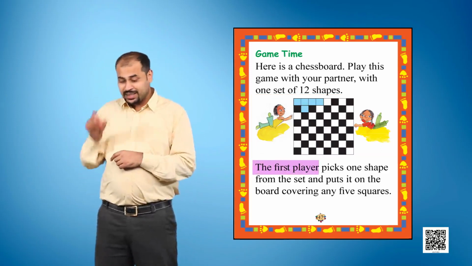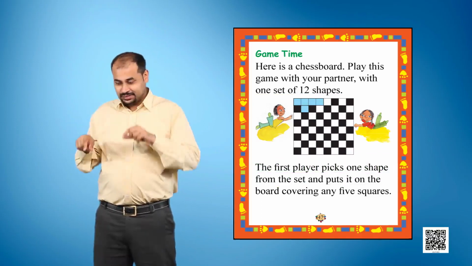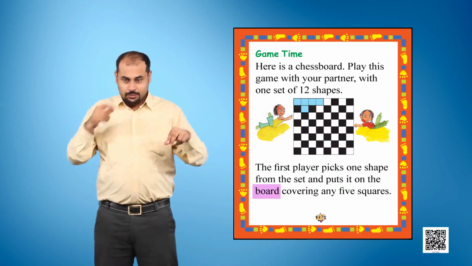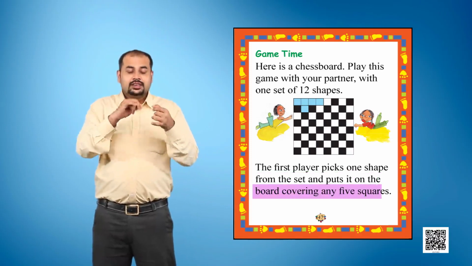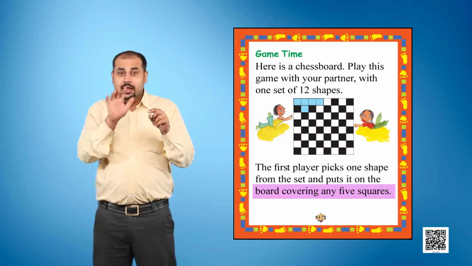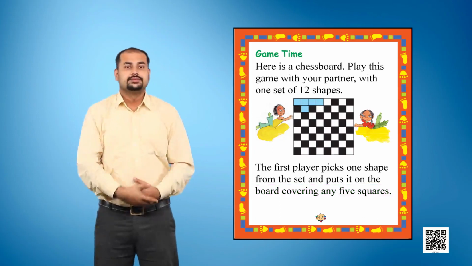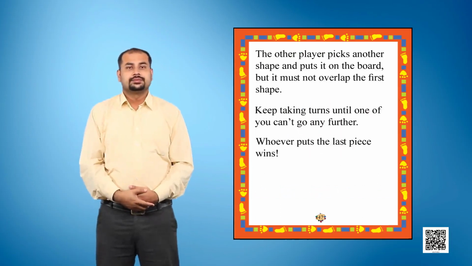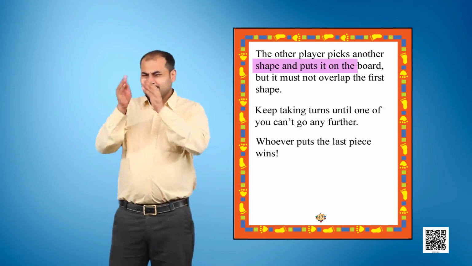The first player picks one shape from the set and puts it on the board, covering any 5 squares. The other player picks another shape and puts it on the board.